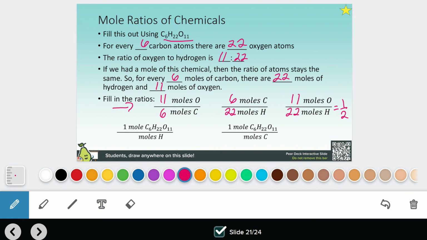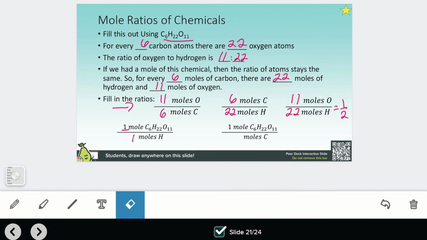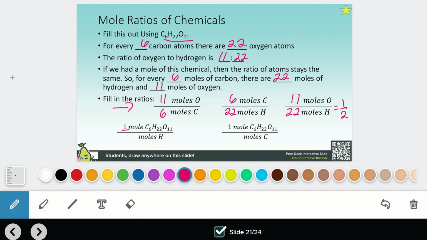So when we look, it says 1 mole of C6H22O11 has 22 moles of hydrogen. Same thing over here. If we had 1 mole of that chemical, for every 1 mole of that whole thing, there are 6 moles of carbon.